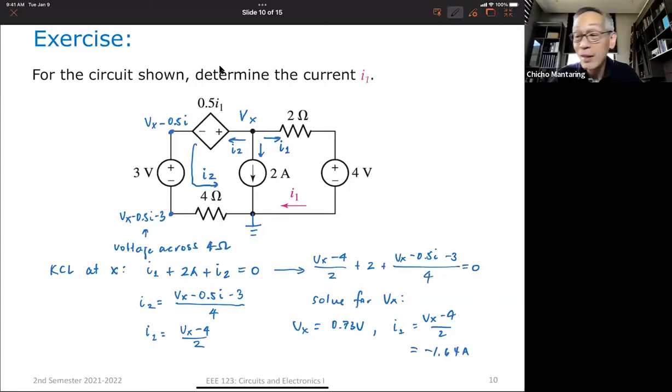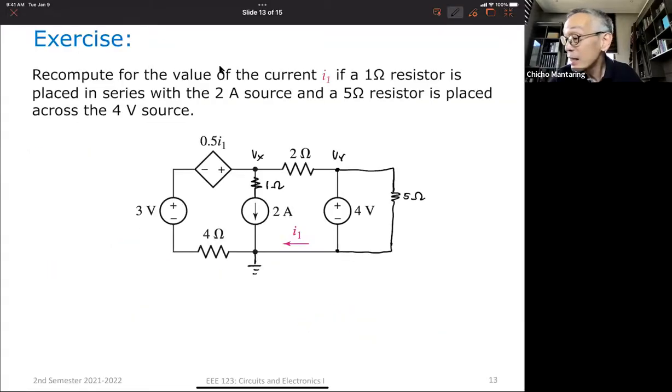Walang magbabago. Why? Kasi ito, kahit na may resistor na kabit dito, V of Y pa rin yan. Ito naman, kahit na may 1 ohm dito, ang dumadaan na current dito will still be 2 amperes. Right? So walang magbabago doon sa equation.